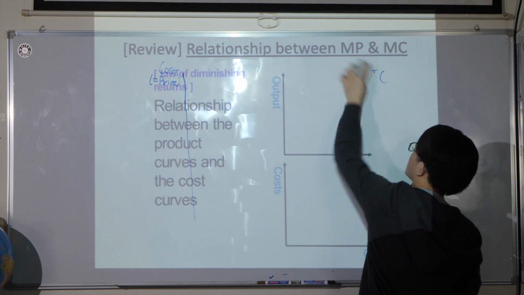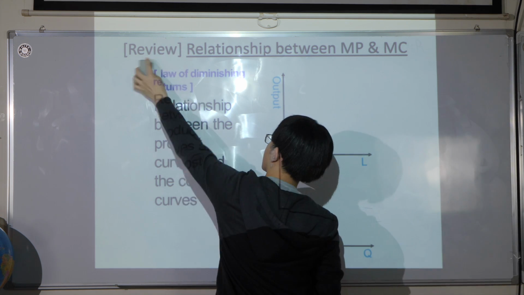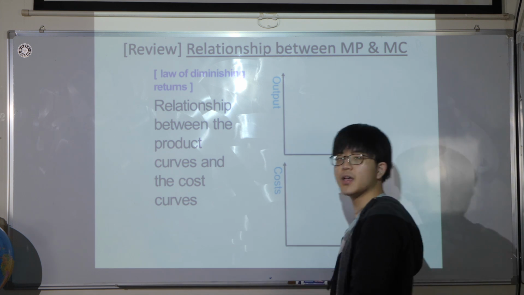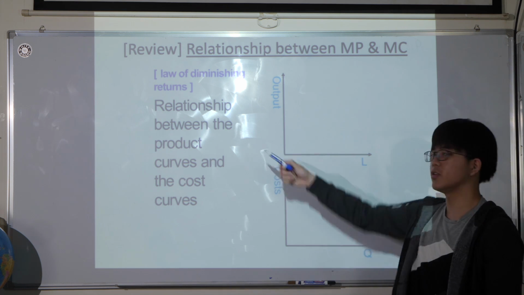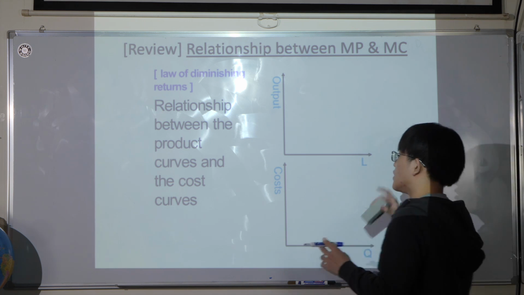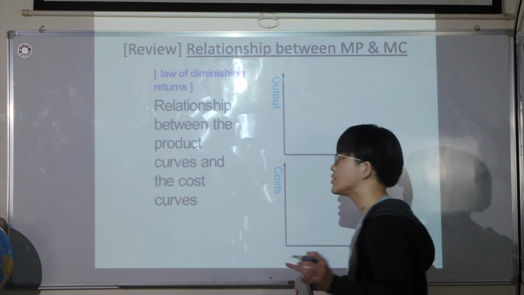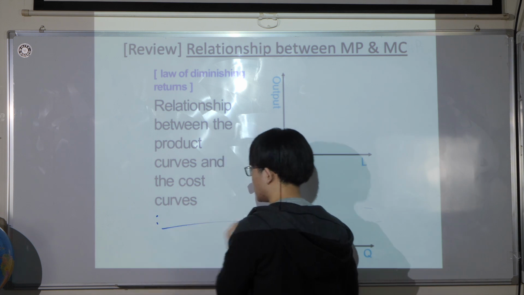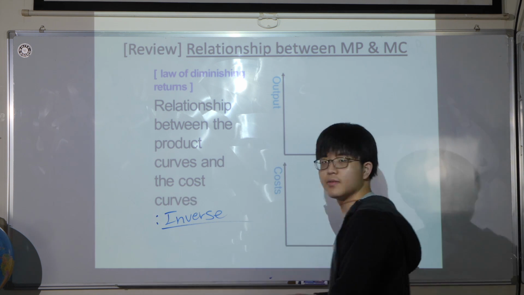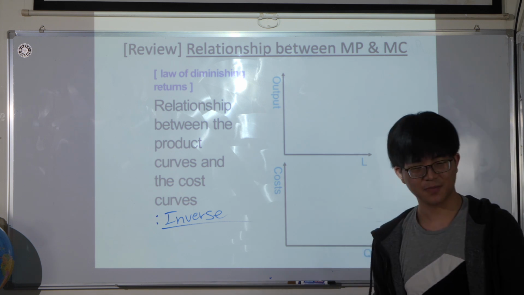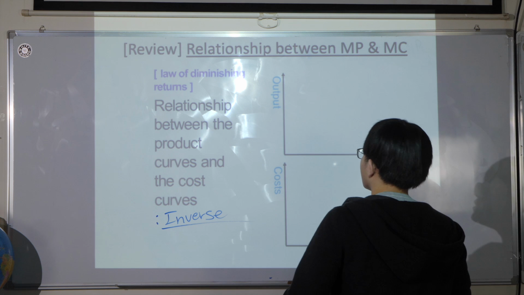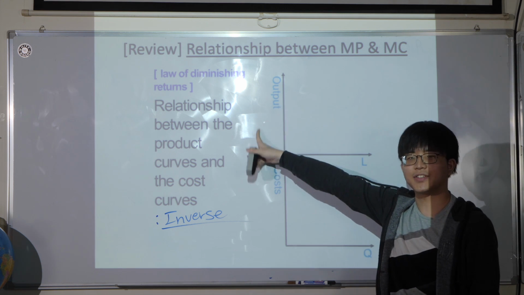And this is a review of the second lecture, where we discussed a little bit about the relationship between the product curve and the cost curve. I mentioned they have an inverse relationship. So here is the output on the y-axis, right?